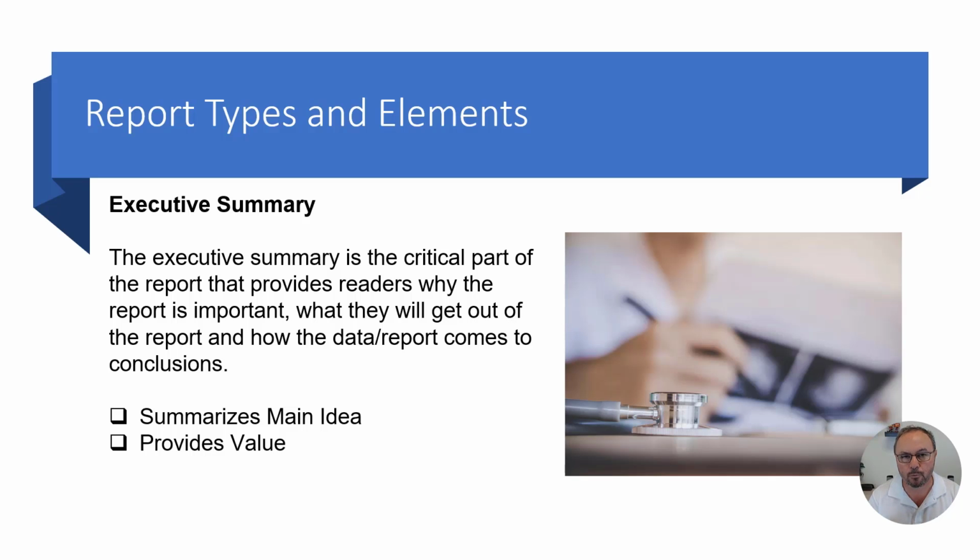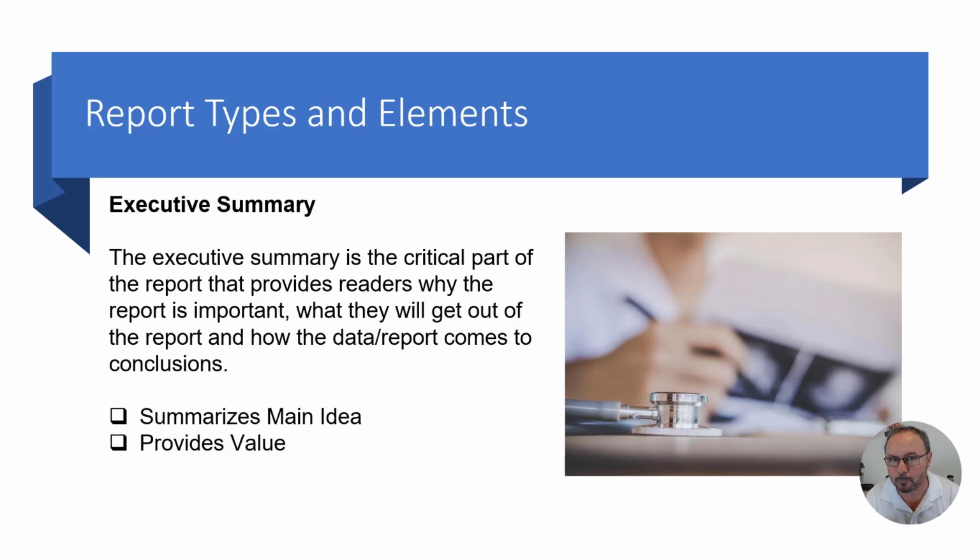Now, some reports may also call this the key findings if it's not really addressed to like an executive group, a C-level group. However, generally we want to refer to the purchasers or the potential purchasers as executives in a lot of cases.